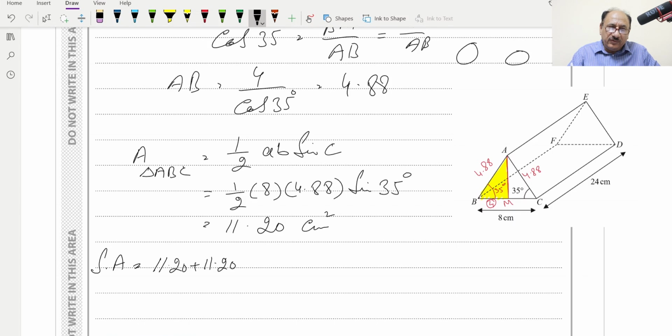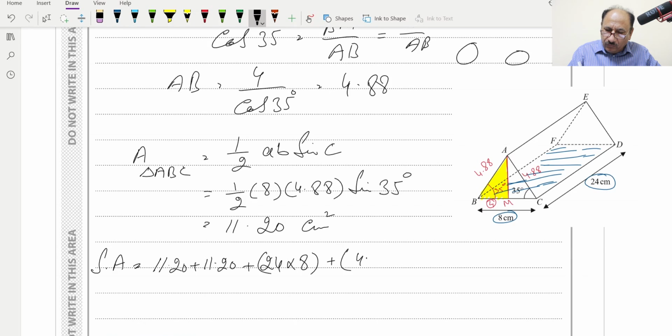Then we have base area also, and this whole base area we will be taking, which is 24 multiplied by 8. So we can write here plus 24 multiplied by 8, and then we can go for the slanting side, which is 4.88 multiplied by 24.